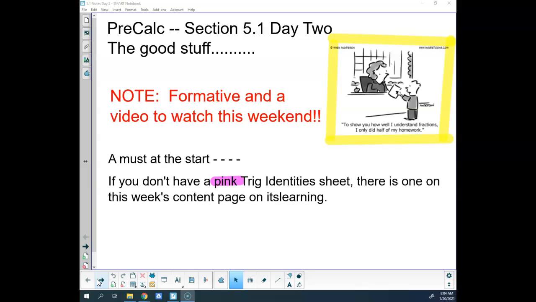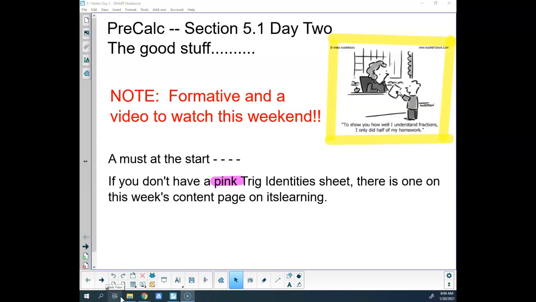And then a must that you need here, if you don't have a pink trig identity sheet, there's one on the learning page. For those of you at home, the identity sheet is the reference chart that we were referencing yesterday. Does everybody here have one?